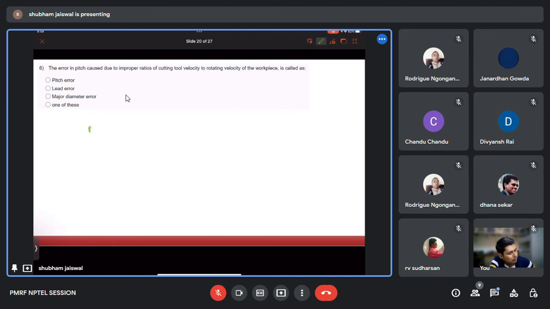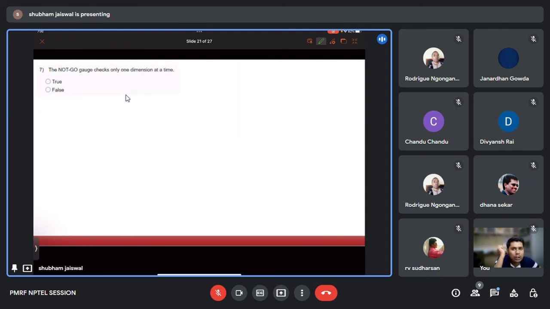So the pitch error is the improper ratio of cutting tool velocity to rotating velocity of workpiece. So the correct answer will be the pitch error. So moving to next question.